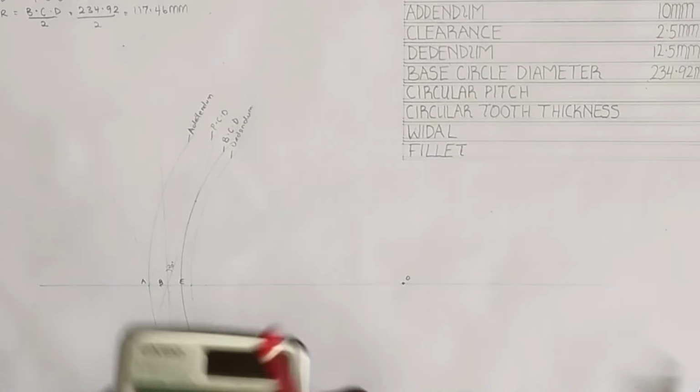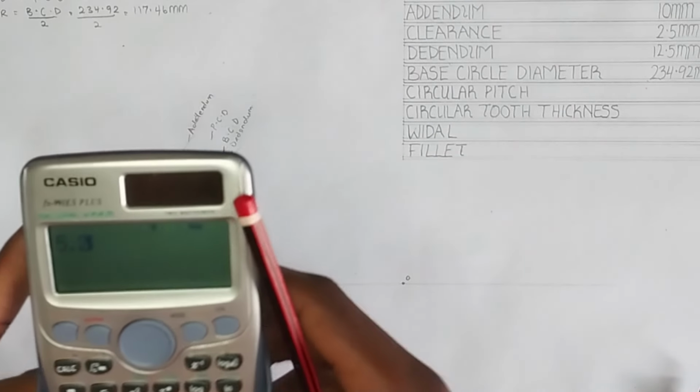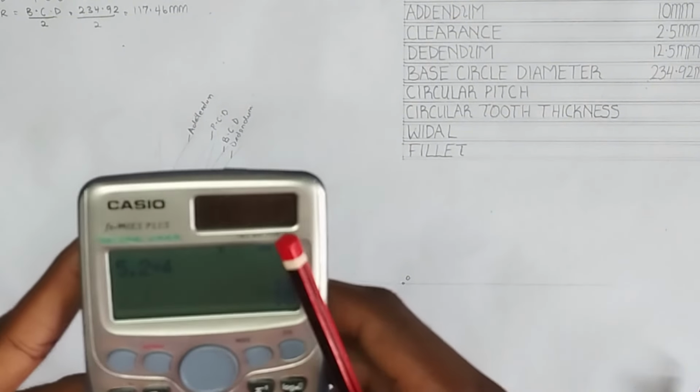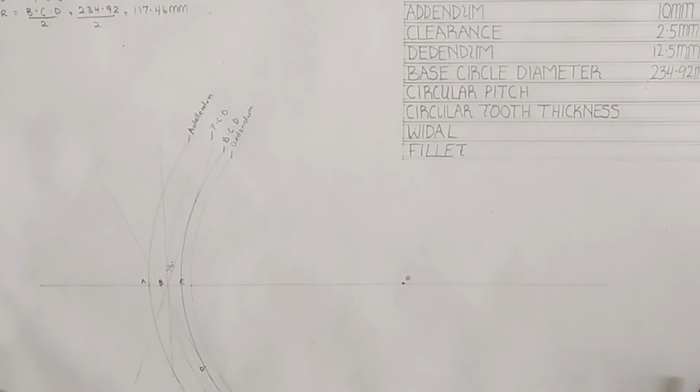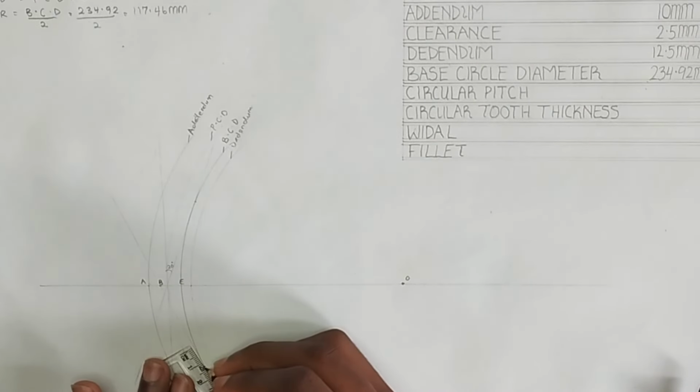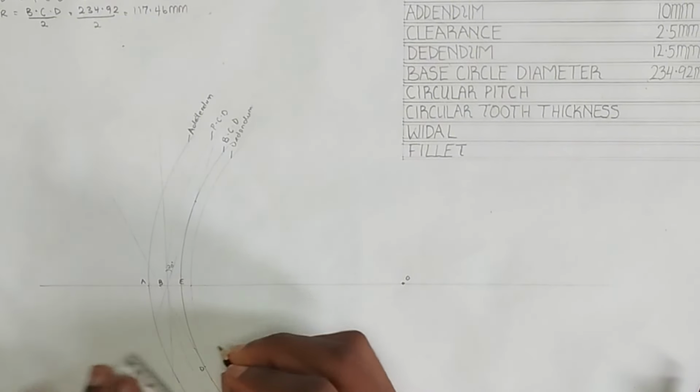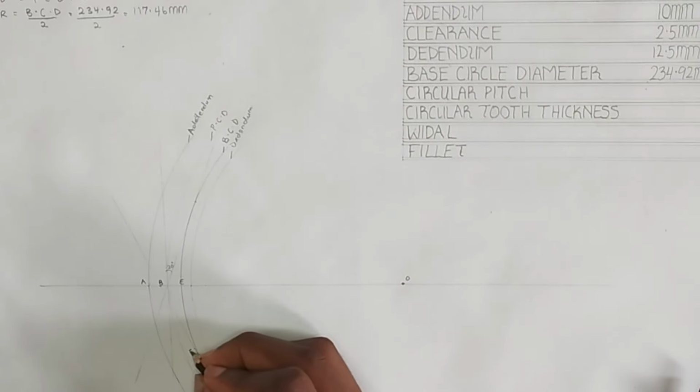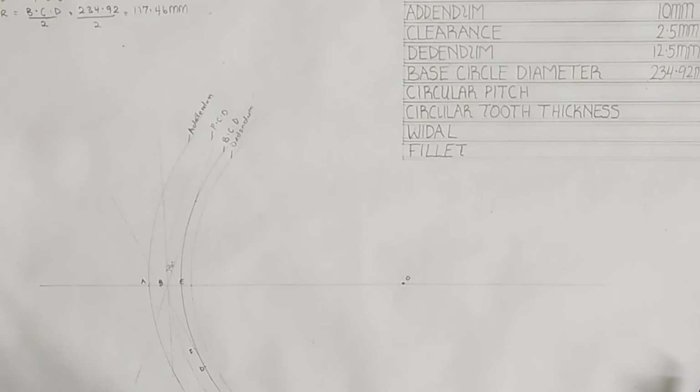So I'm going to pick 5.2 divided by 4. So that's going to give me 1.3. So I'm going to pick 1.3 upward, like this. So I'll label this point as my F. Okay, so that's that for that.